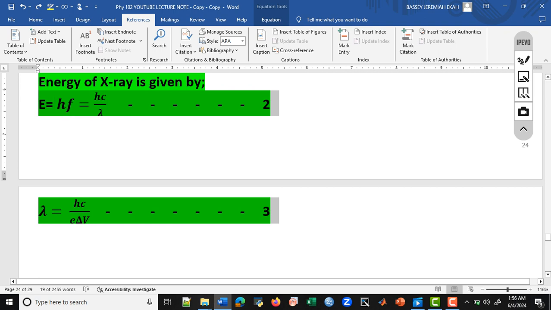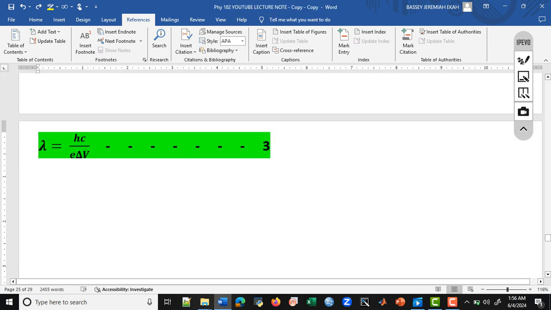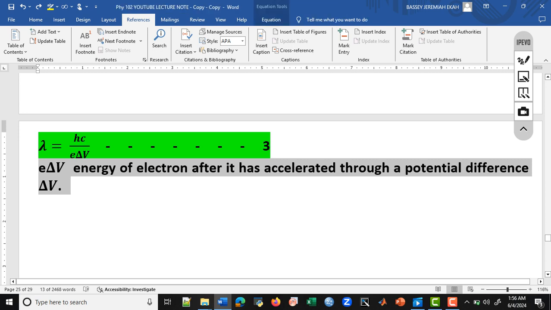If we make λ the subject of the expression, then we will have equation 3 written below in terms of electron volts. eΔV is the energy of an electron after it has accelerated through a potential difference ΔV.